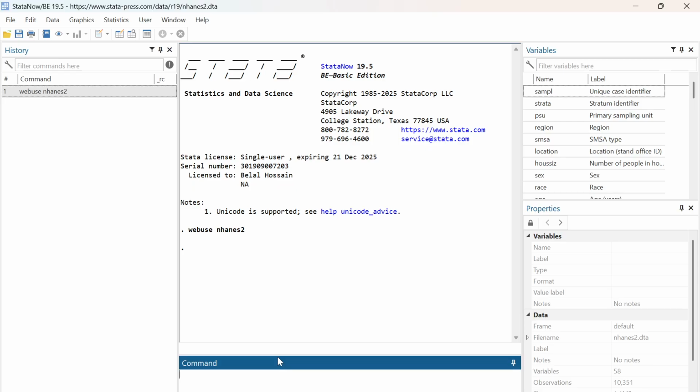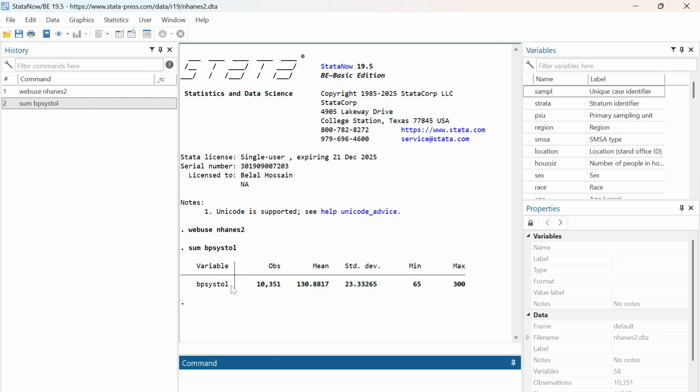So let's know about our data first. First I will use a summarize command, sum BP systole, and see that BP systole, which is systolic blood pressure, has 10,351 observations in our data set, and all of these people have on average 130 or 131, basically 131 systolic blood pressure, right?